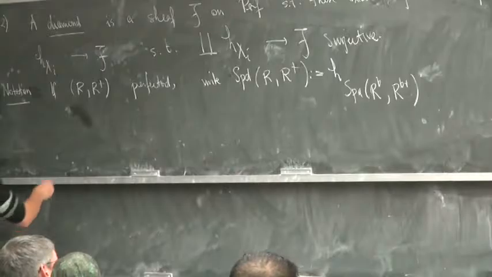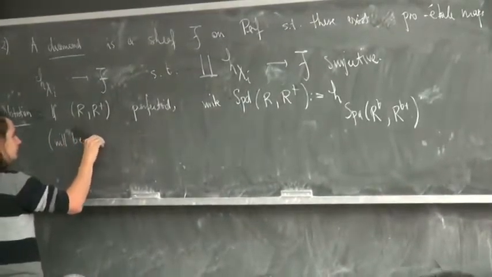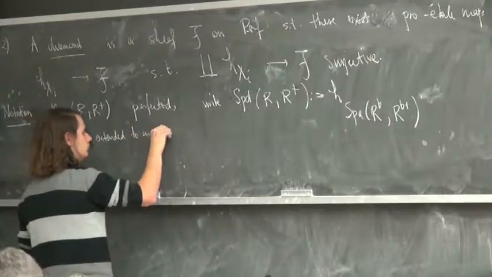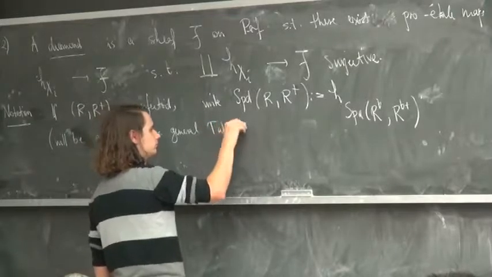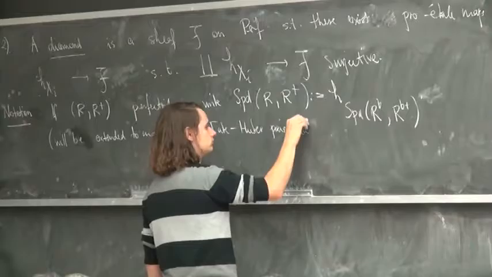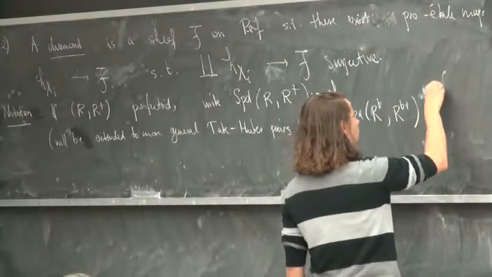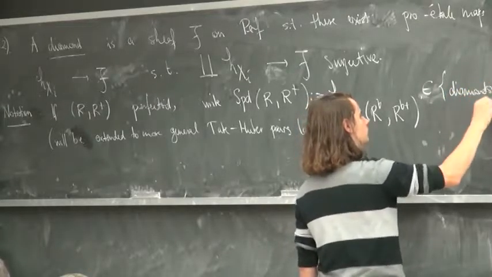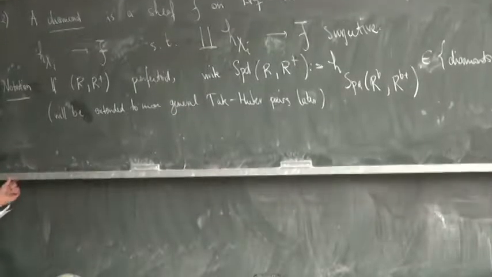Actually, this functor will be extended to more general Huber pairs later. It's in the category of diamonds. Yeah, so this has a diamond. Are diamonds really hard?